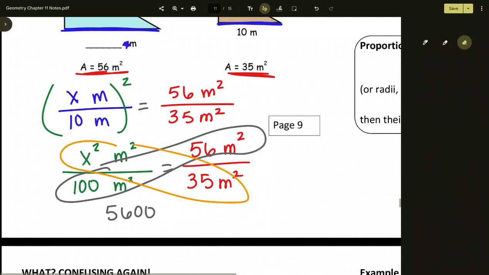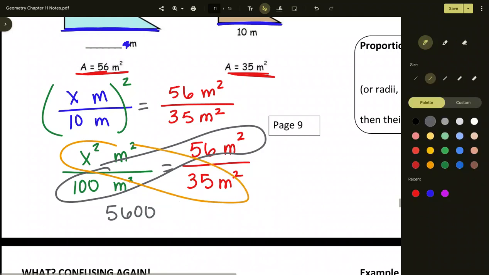Let's see, I'm going to erase that label for now just to save on some space. 35 times x squared. All right, so let's do our t-chart. Got to get rid of the 35, so I'm going to divide by 35 on both sides. 5,600 divided by 35 comes out to 160, but this is not equal to x. It's equal to x squared.